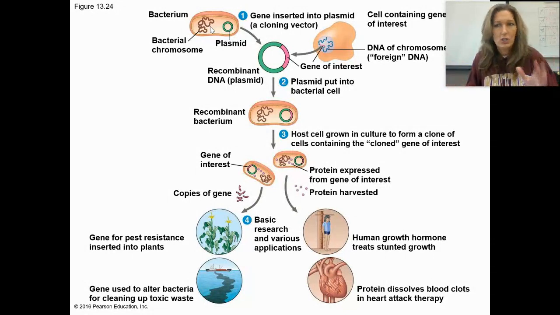There are a couple of issues we'll talk about when we get to exons and introns later, since it's a little more complicated than just taking a human gene and inserting it into a bacterium. But there are parts of bacterial DNA called plasmids. These are very small circular pieces of DNA that bacteria use to exchange and increase genetic diversity.